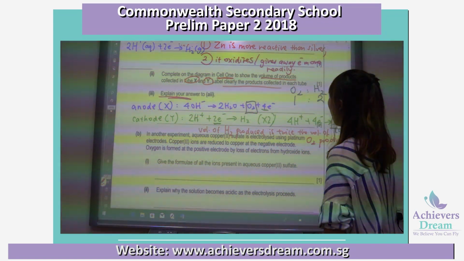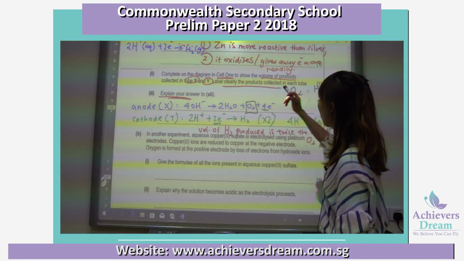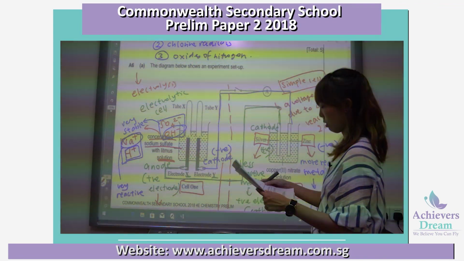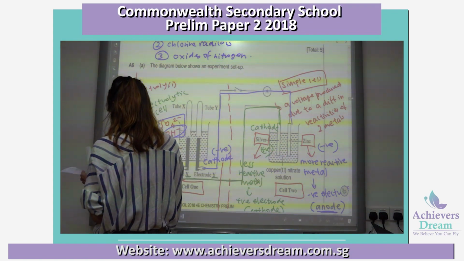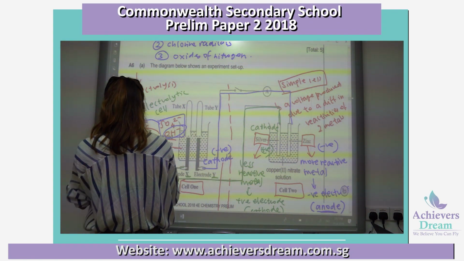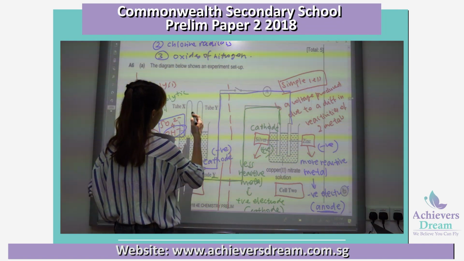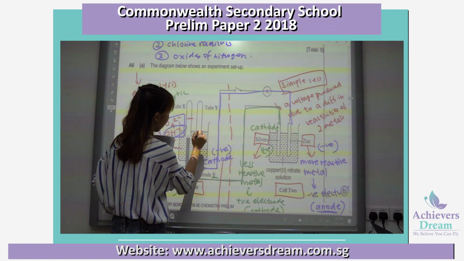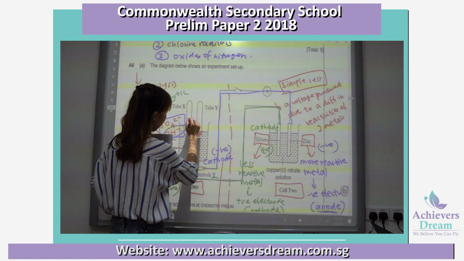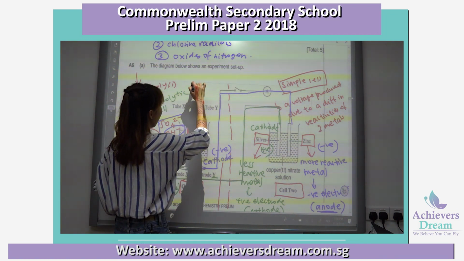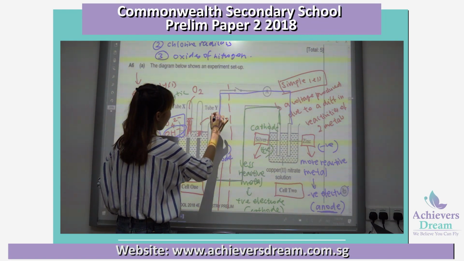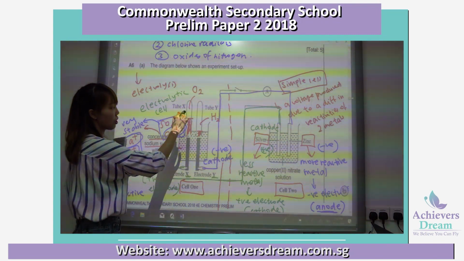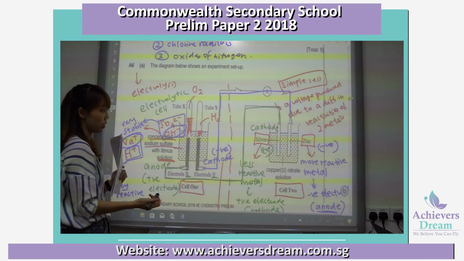Then now I have to draw the volume of products in X and Y. So for X and Y, it will be like this: this is my O2 and this is H2. You can tell that the volume of oxygen is actually half the volume of hydrogen.